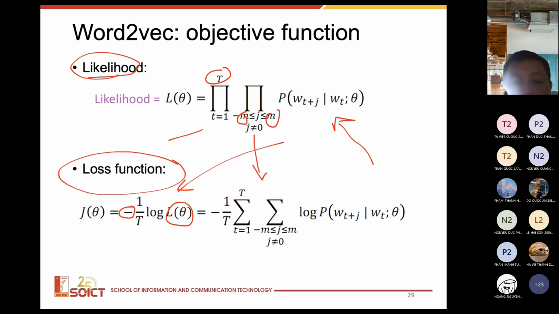We sum over t from 1 to T and j from minus m to m, of log P(w_{t+j} | w_t; theta), where theta is the weights of the model we want to find, so that we maximize the likelihood and minimize the loss function.